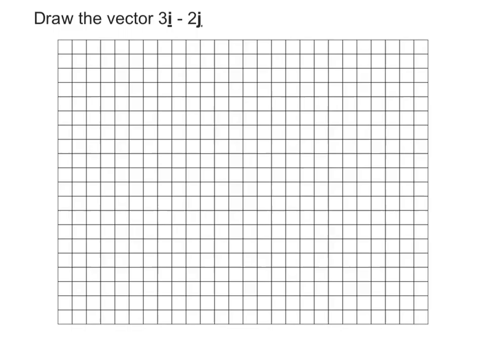Okay, so let's draw a vector. This time I want 3i minus 2j. So all I've got to do is pick a starting point. So I'm going to start here. Okay, so 3i says that I'm going to go along 1, 2, 3, so I'm now here. And then 2j means I'm going to go down 2, so 1, 2, and I'm here.